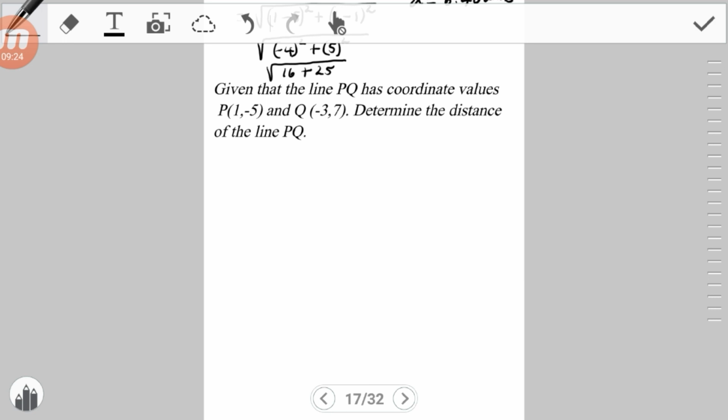Okay, so once again, an application of the formula, d is equal to the square root of x2 minus x1, and then y2 minus y1.